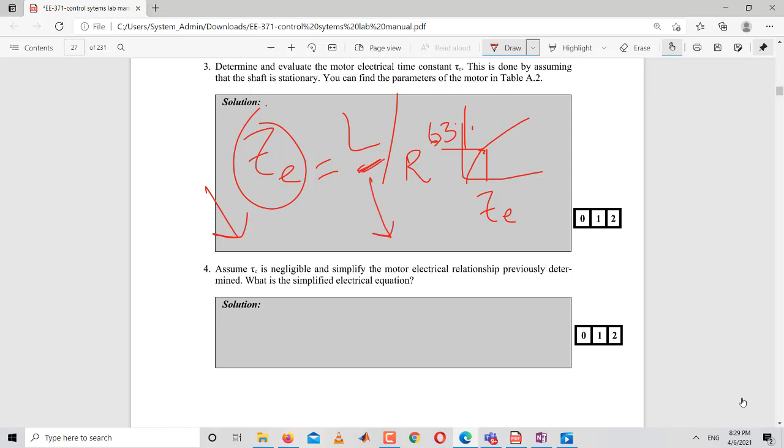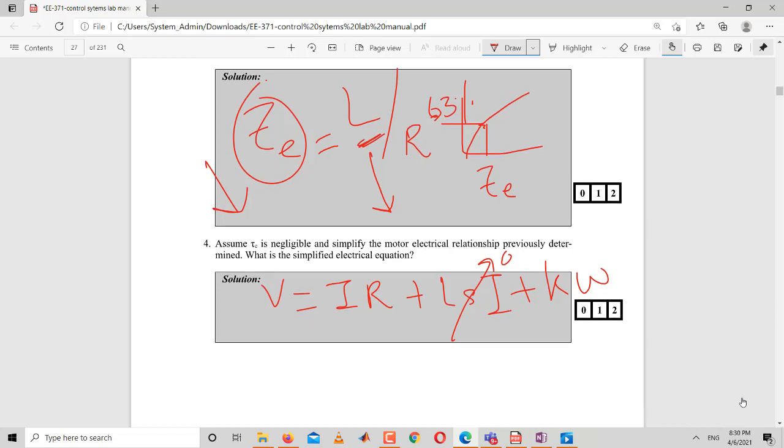So if inductance is low, we can ignore the value of L in the equation that we derived in the last question, which was V equals I R plus L s I plus K omega in the Laplace domain, right? So if L is very small, we can neglect this. So the relationship is very simplified: V equals I R plus K into omega. So this is the simplified electrical equation.